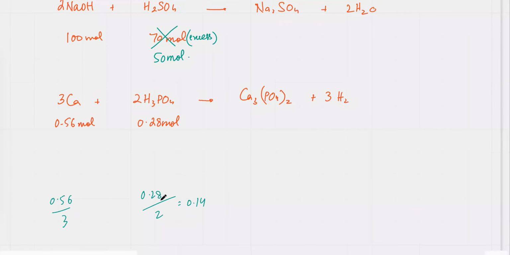What do you get for the other one? 0.19. Whoever gets the bigger number, that's the one that's in excess. You ignore those moles. That's it. All calculations would be done using the limiting reactant moles.